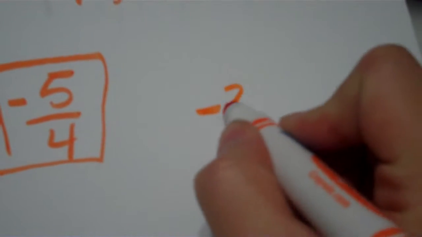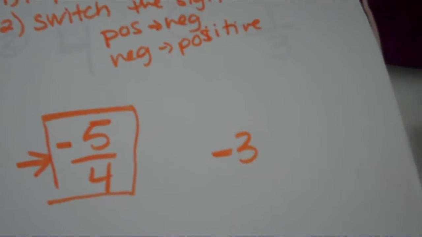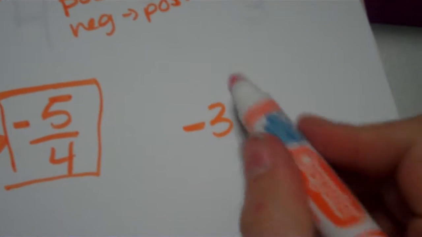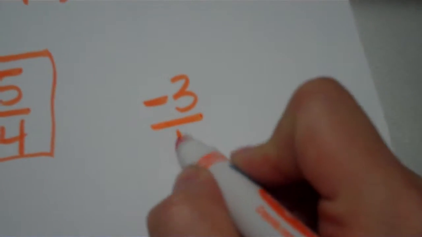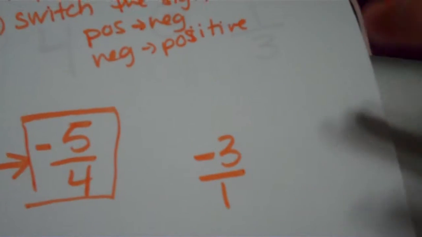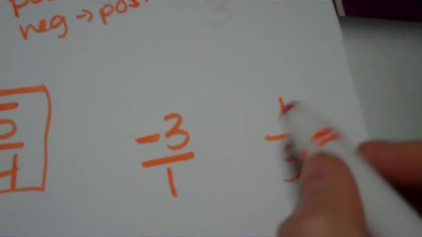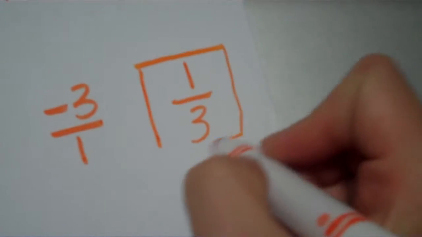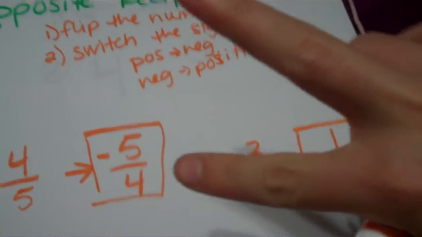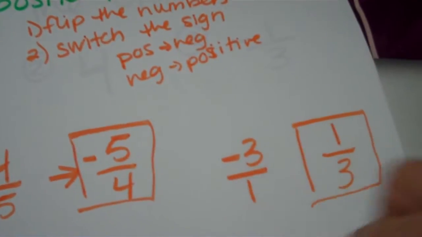Let's say you just had -3. You're going to say, well, how am I going to flip that? Well, remember when we did rise over run, if it's not a fraction, you put it over 1, right? And then we flip it. So it would be 1/3. And since this is negative, this needs to be positive. So opposite reciprocal, all you do is you flip the number and then you change the sign.